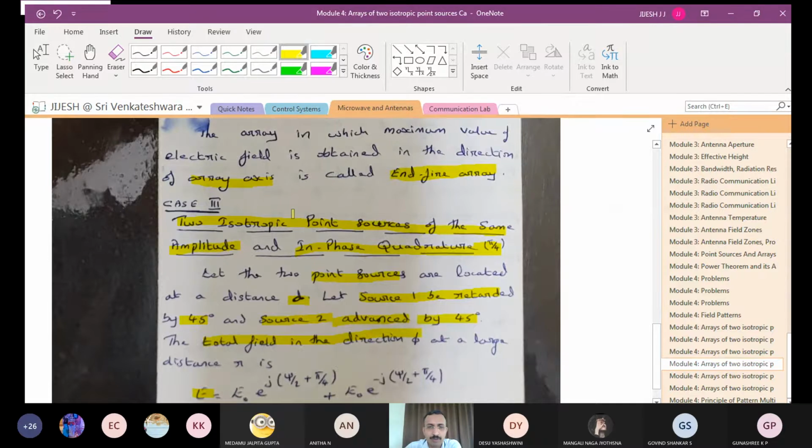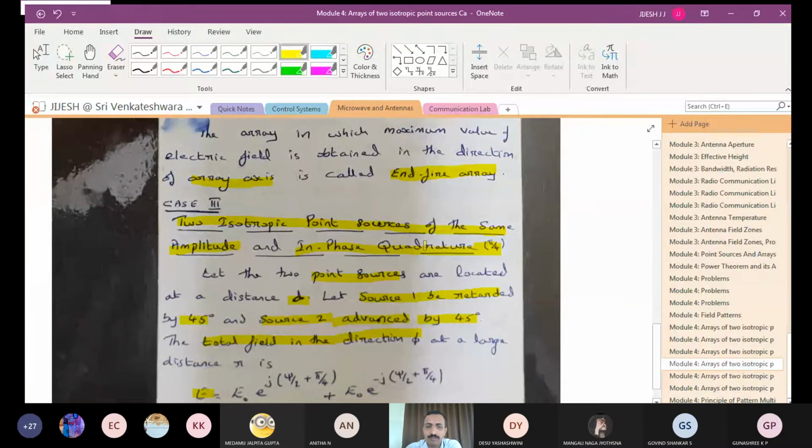Two isotropic point sources of same amplitude and in phase quadrature is called case 3, that is pi by 4. Let us take two point sources, source 1 and source 2, separated by a distance of d, and source 1 is retarded, which is very important, by 45 degrees, and source 2 is advanced by 45 degrees.